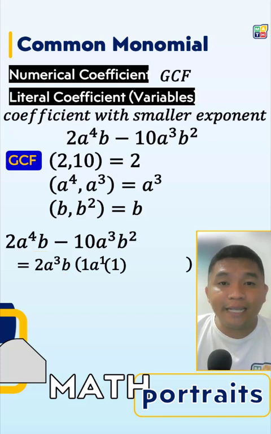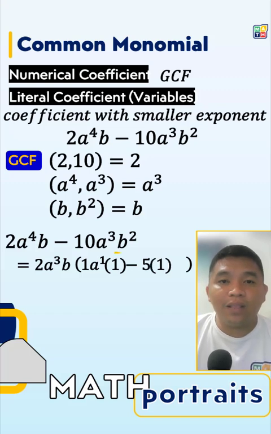Now for our second term, make sure that for the numerical coefficient, consider the sign before it, or the operation before it rather, as its sign. Hence, negative 10, not just 10, to be divided by 2, that's actually negative 5. Then to be followed, a cubed divided by a cubed. So again, dividing same expressions, you will get a result of 1.